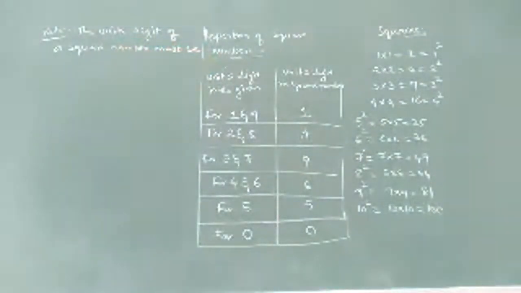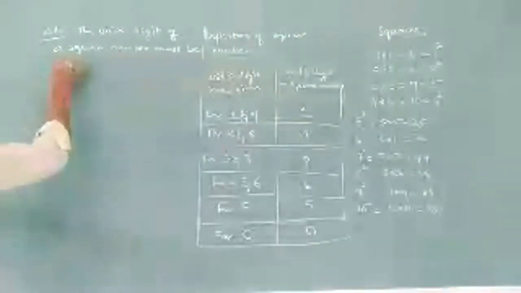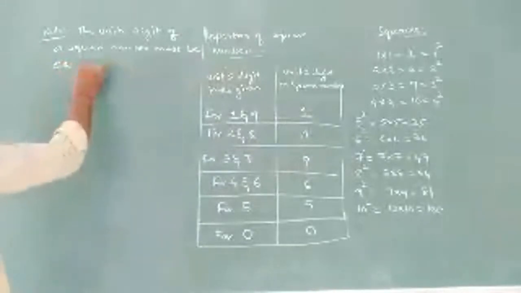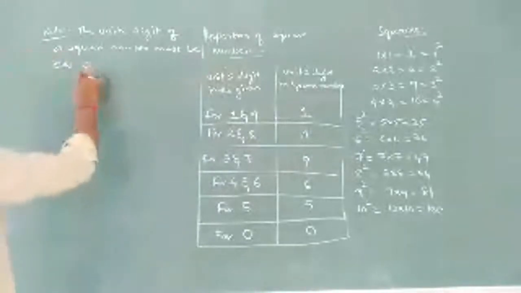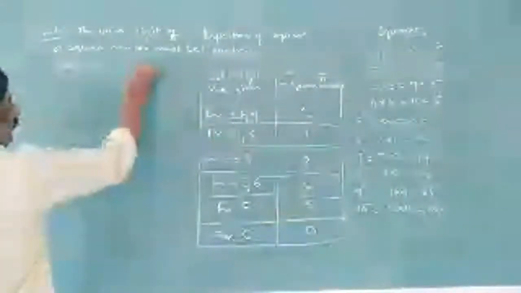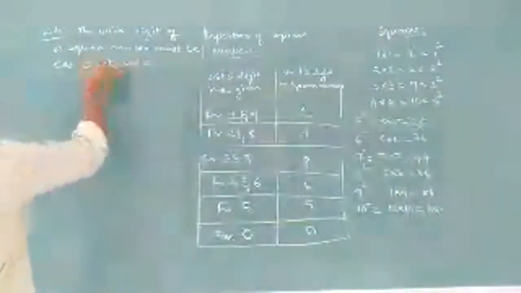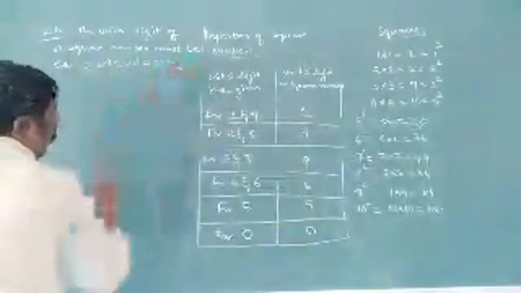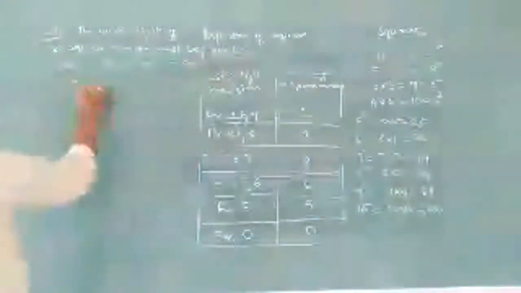The units digit of a square number must be either, in serial order I am writing here, 0 or 1 or 4 or 5 or 6 or 9.